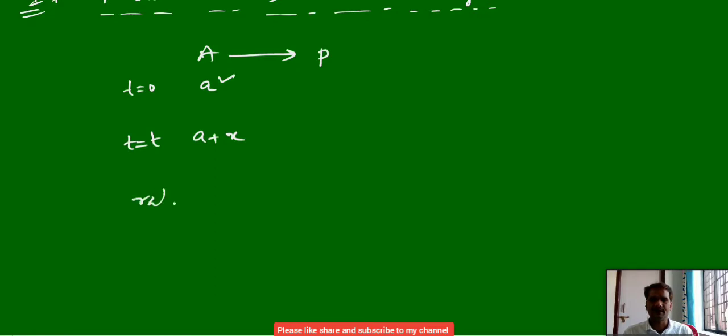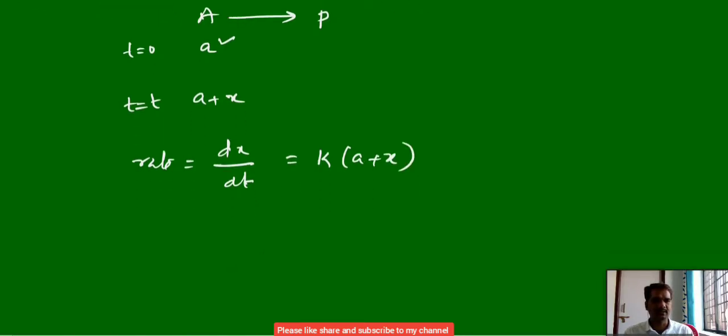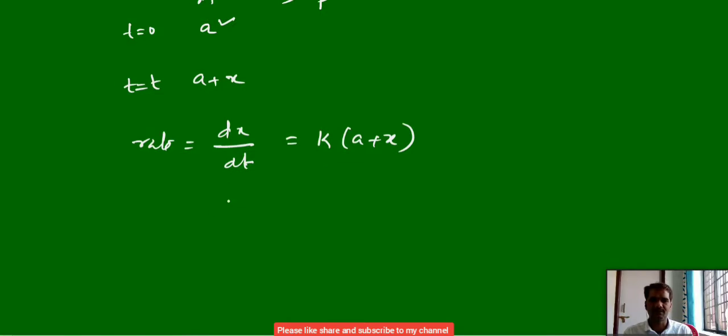We know that rate is equal to dx by dt is equal to k into (a plus x), since we are assuming first order kinetics, with respect to the concentration at a time t, a plus x. As usual, apply integration. Separate the x terms and t terms: dx by (a plus x) is equal to k into dt.